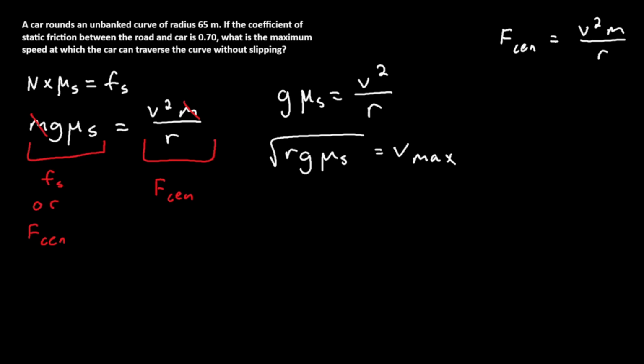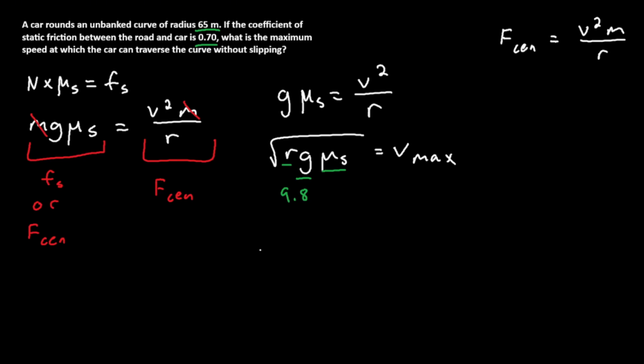So we actually have all those values. We have the radius given here, 65 meters. Gravity is a given, 9.8. And your static friction coefficient is 0.7. So it turns out that the mass of the car doesn't matter. You can cancel out those values.